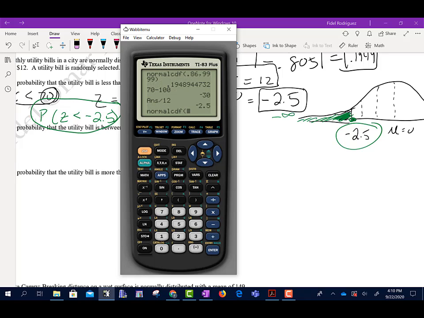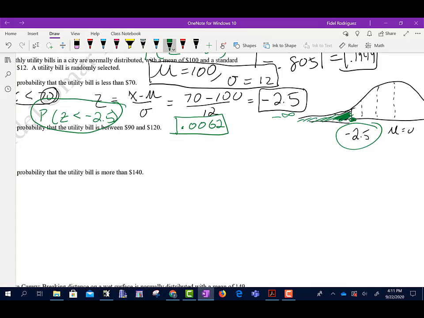At negative infinity, I enter a negative and a whole bunch of nines, comma, negative 2.5, close that off and hit enter. And I'm coming up with 0.0062, and that was the same answer that we had right there.